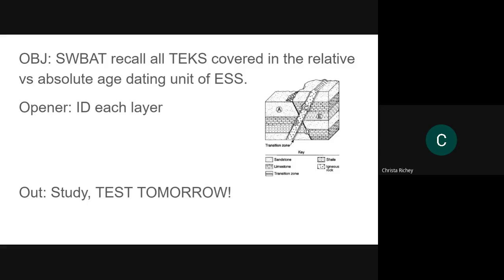Which layers are having erosion done to them? There are two layers that are having erosion done on their surface. They're not completely flat. I can see the bumpy top outside C at the bottom.